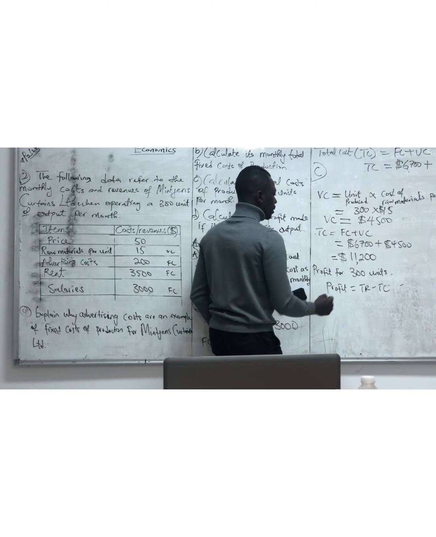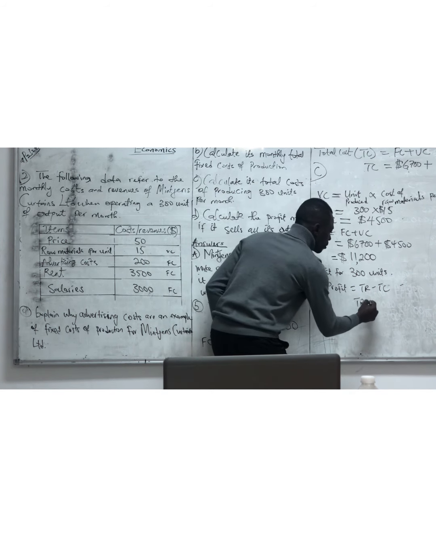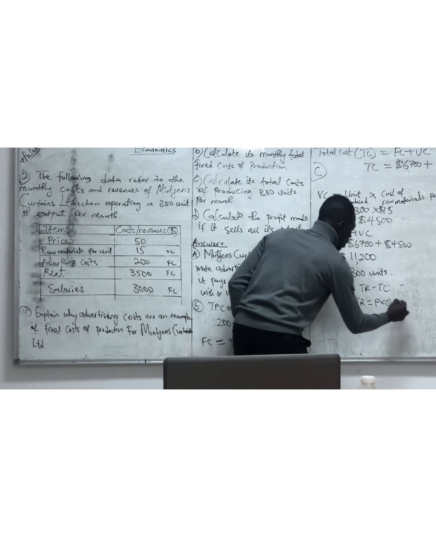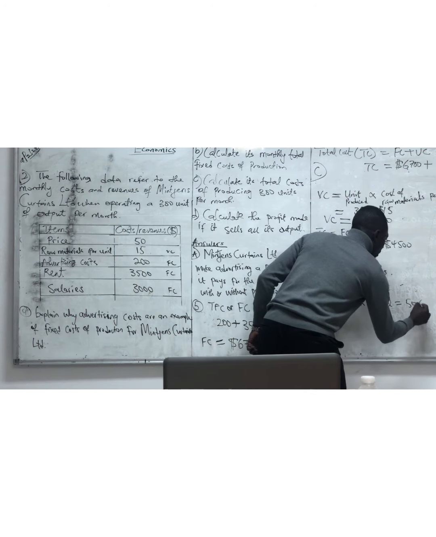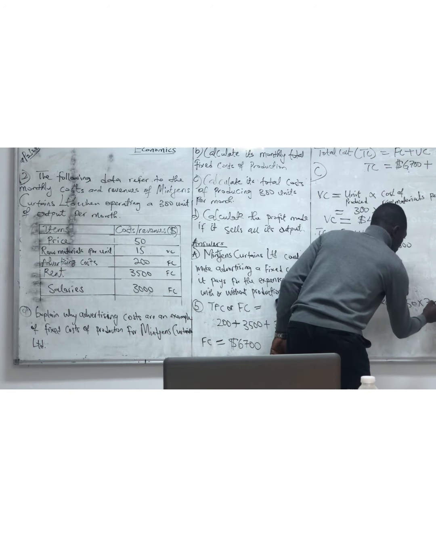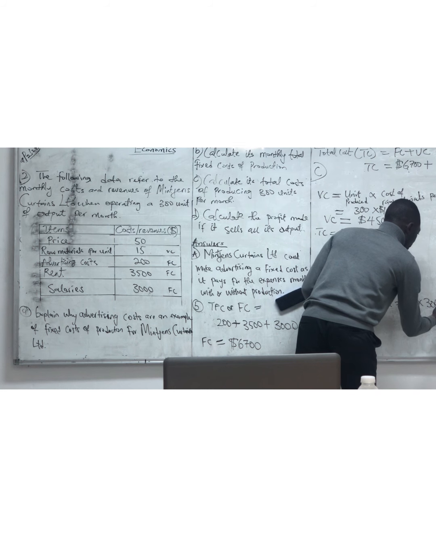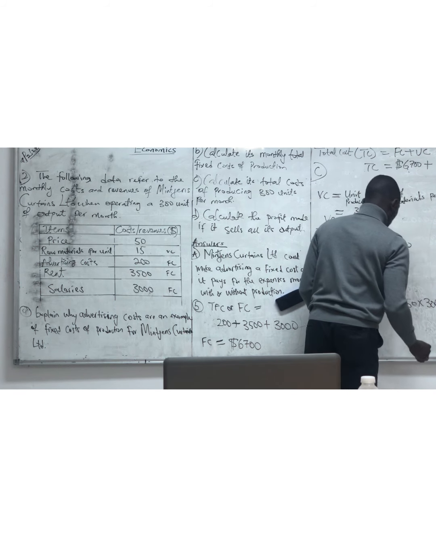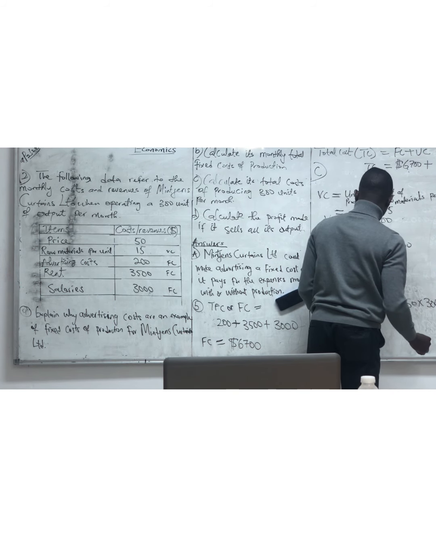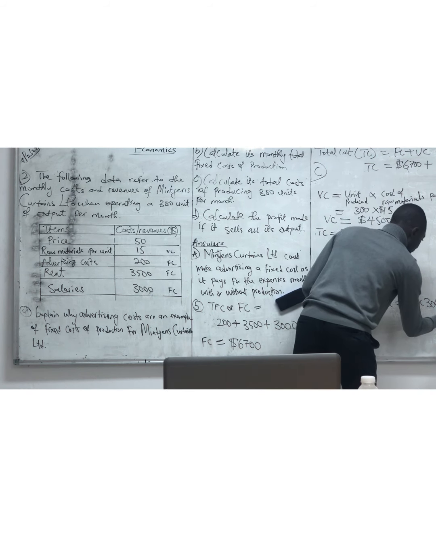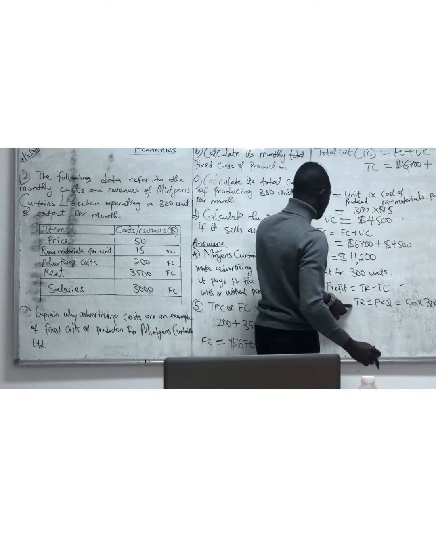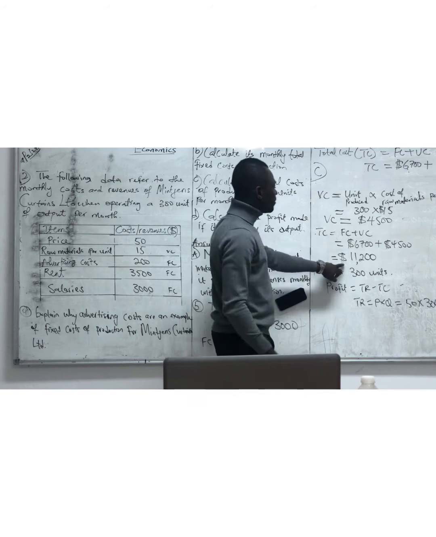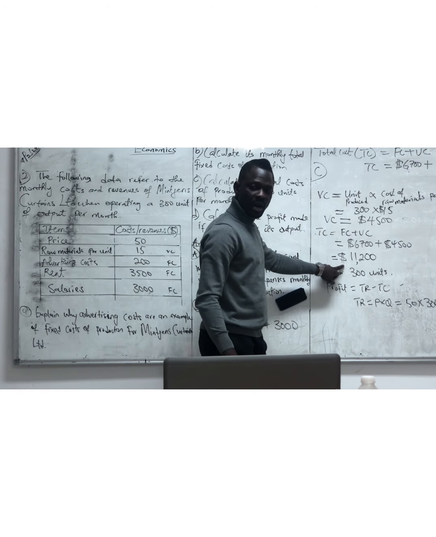Where your total revenue, PQ, is your price 50 times 300. So that's $15,000. So your TR is $15,000. Your TC is 11,200. Are you with me?